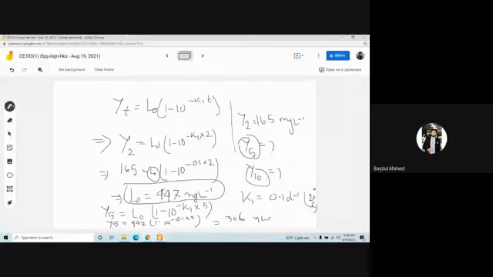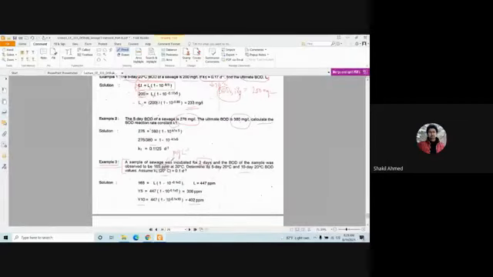Now remember here, the value of K1 is given at 20 degrees Celsius. If I had not given it at 20 degrees Celsius, if the value of K1 was given at something like 25 degrees Celsius, then what would you do? You have to calculate the value of K1 at 20 degrees Celsius, because BOD values are given at 20 degrees Celsius.